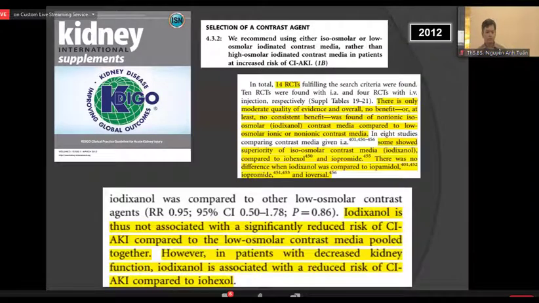Rồi tới hiệp hội niệu quốc tế 2012 người ta đưa ra khuyến cáo về chọn lựa thuốc tương phản ở bệnh nhân có tổn thương thận thì như thế nào?